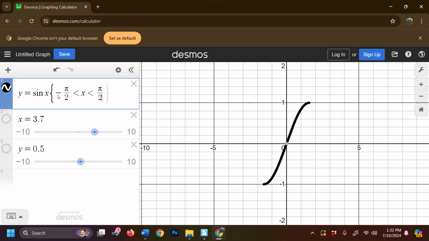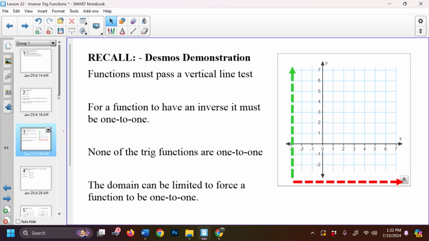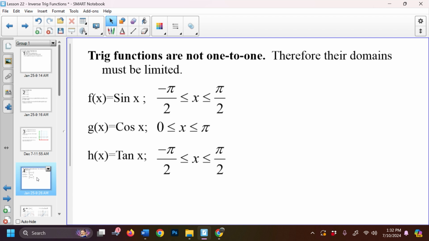And so here I get all of the possible outcomes of the sine function. All three of the major trig functions have a domain limitation. Let's look at those domain limitations. Both sine of x and tangent of x go from -pi/2 to +pi/2. Cosine goes from 0 to pi.